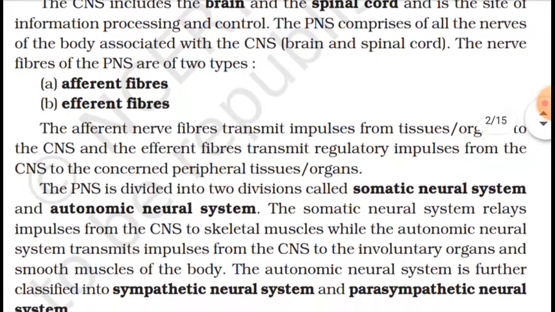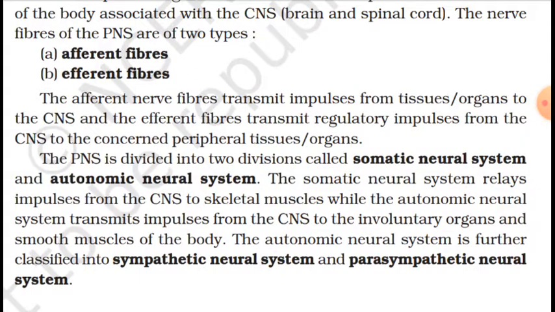Now what is the difference between afferent and efferent fibers present in the PNS of the human body? First, afferent nerve fibers transmit nerve impulses from tissues or organs to the CNS. Once again, afferent nerve fibers transmit nerve impulses from tissues or organs to the CNS. Efferent fibers transmit regulatory impulses from the CNS to the concerned peripheral tissue or organ.